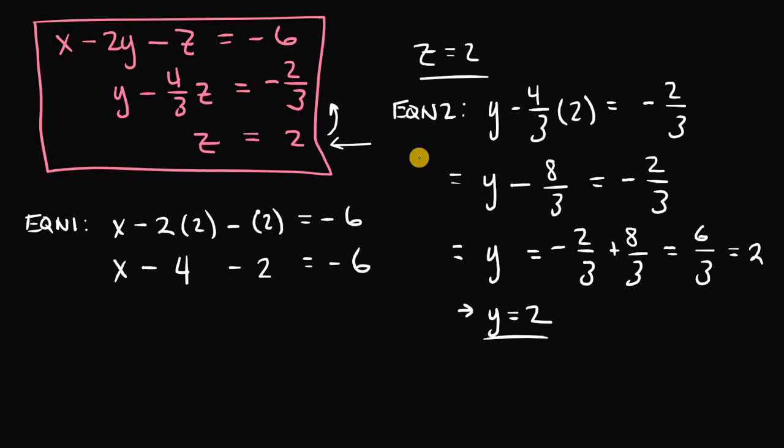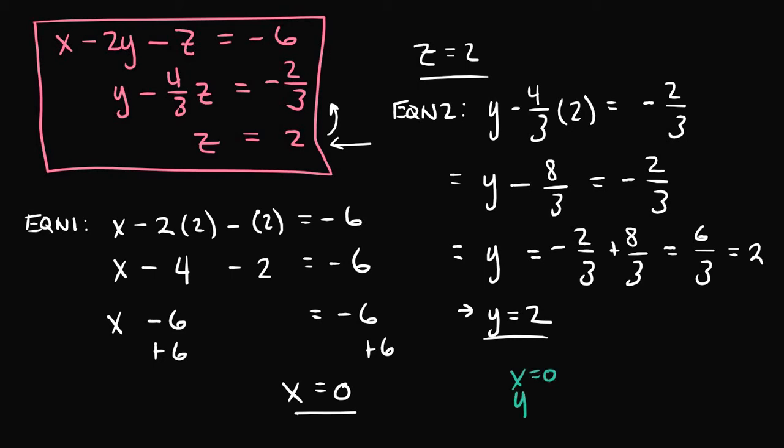And finally, x minus 4 minus 2 is minus 6, and that's equal to minus 6, right? And if we add 6 to both sides, we have x is equal to 0. Cool. So the solution set to this equivalent system of linear equations is x equals 0, y equals 2, and z equals 2, right there.